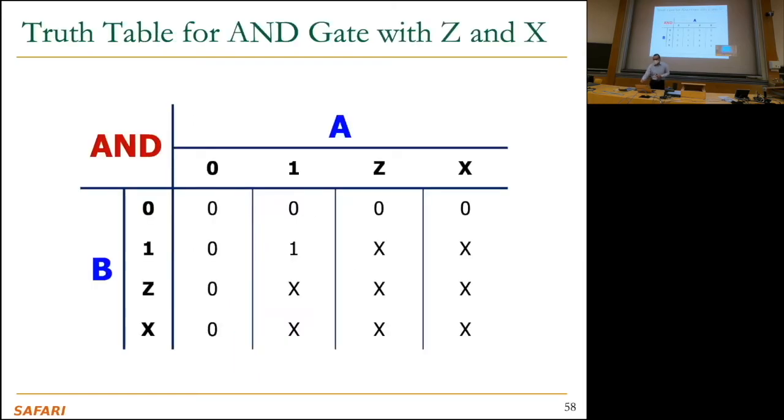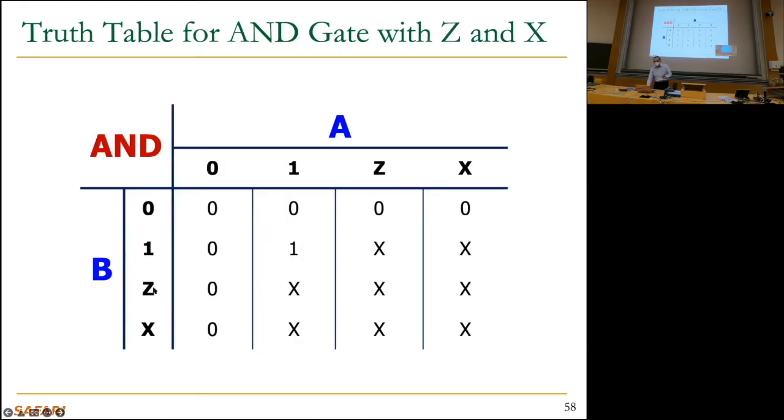But before we go into the priority circuit, I remind you again, this is a truth table for an AND gate with Z and X. Z is floating. X is invalid in this particular case. It's not don't care, really. I mean, you can imagine don't care is kind of invalid also, but okay. But basically, this is really the AND we are used to. Input values are 0 and 1.